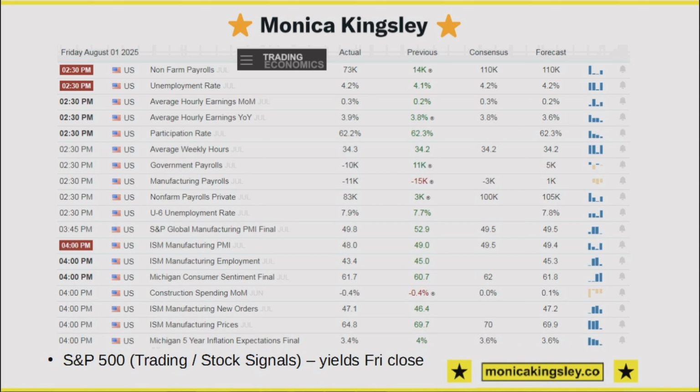And here we go with the data and the underwhelming private payrolls versus expectations that have been the driving force behind the really weak headline undershoot.